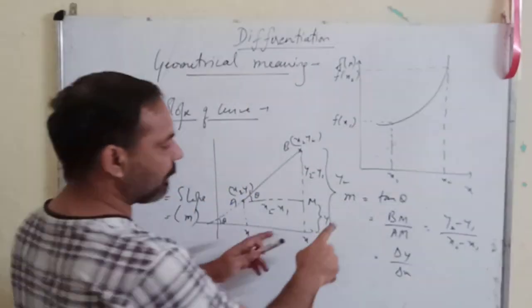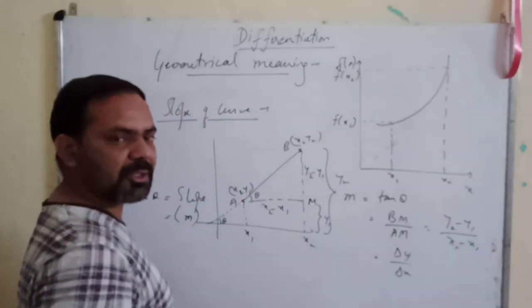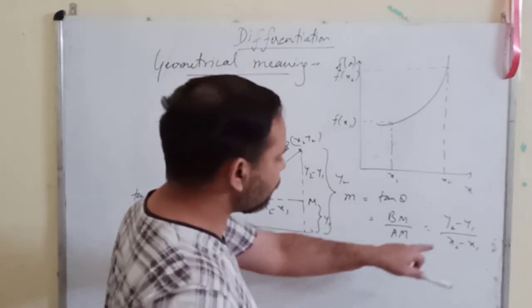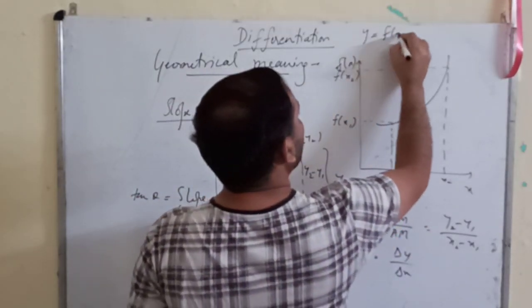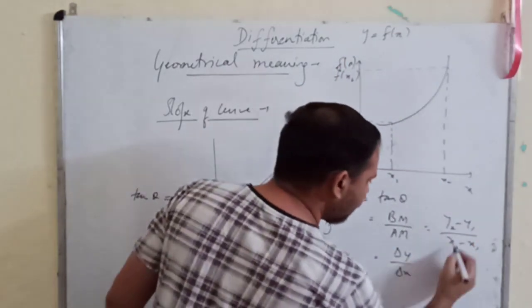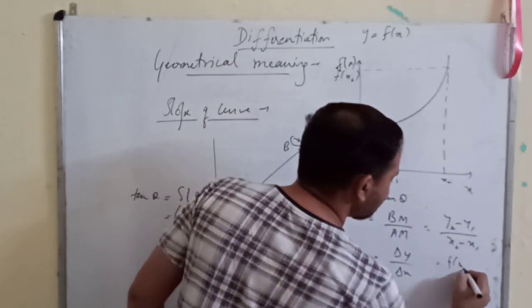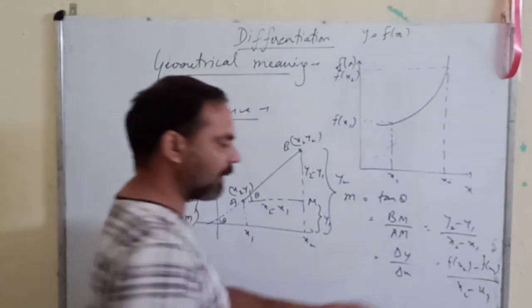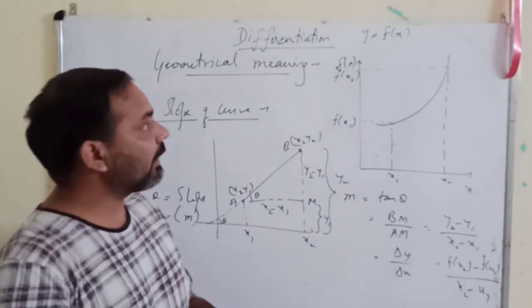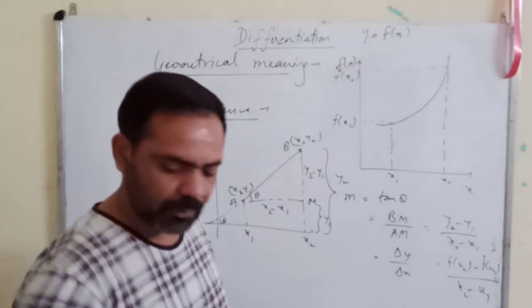Simply remember that slope is nothing but the change in y upon change in x. What is y? y is nothing but f(x). So you can write it like this: f(x2) minus f(x1) upon x2 minus x1. y is nothing but f(x), right?